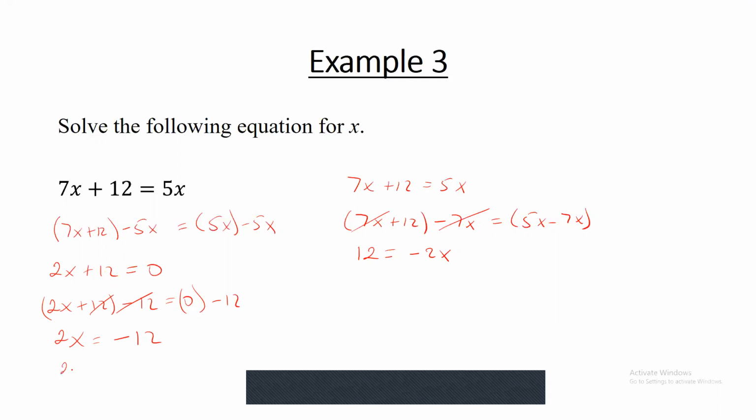And then we divide both sides of the equation by 2 because x is multiplied by 2. We want to undo that. And so we're going to divide the negative 12 by 2. And we're left with, I'll write the answer over here, x equals negative 12 divided by 2, which is negative 6.